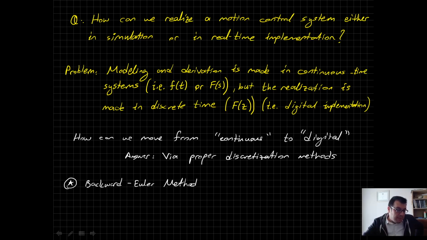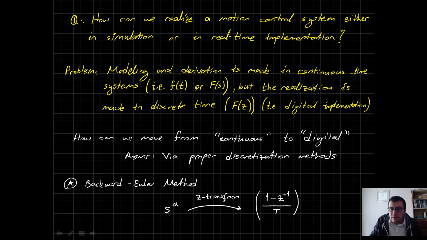This backward Euler method takes a function with s to the alpha and converts it to the Z domain. In a sense it's Z transform, and maps it to (1 minus z to the minus 1) over T, to the alpha.